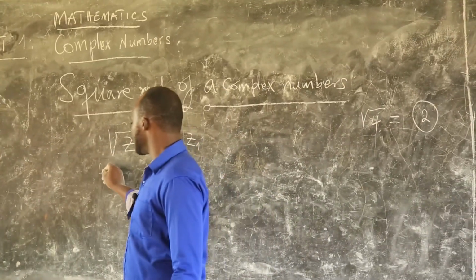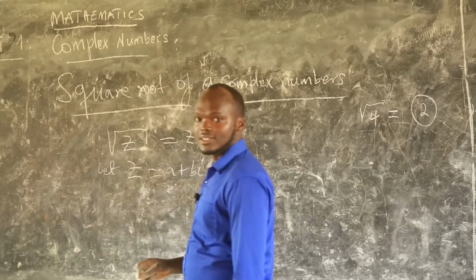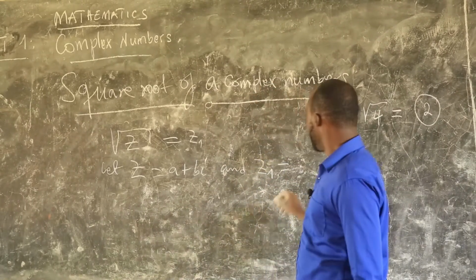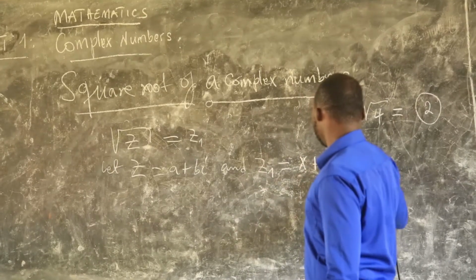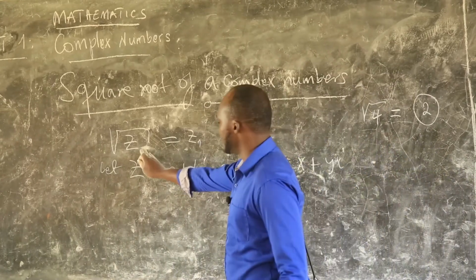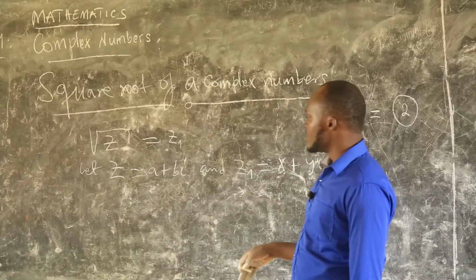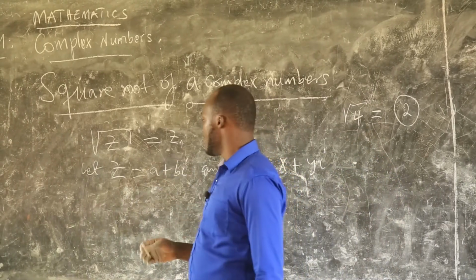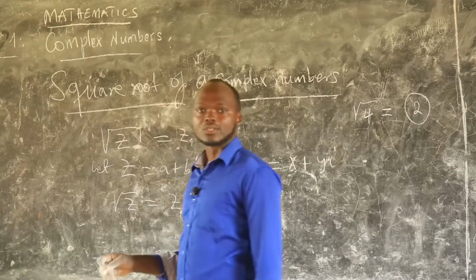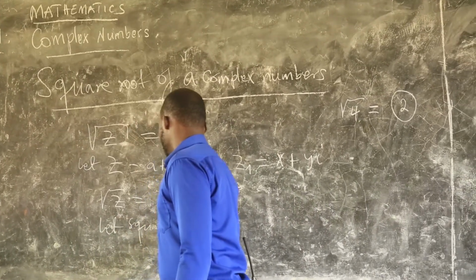So let z be a plus bi, and z1 be x plus yi. So this z is a plus bi, and z1 is x plus yi. So square root of z will be z1. Let us square both sides.